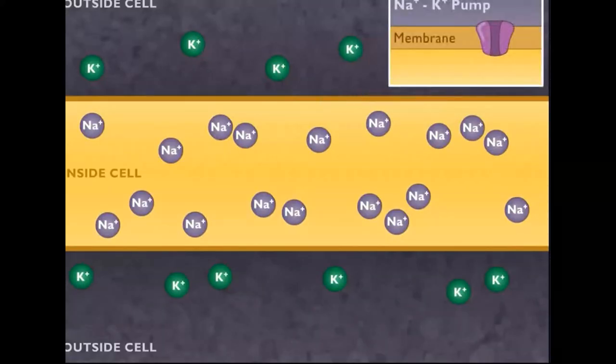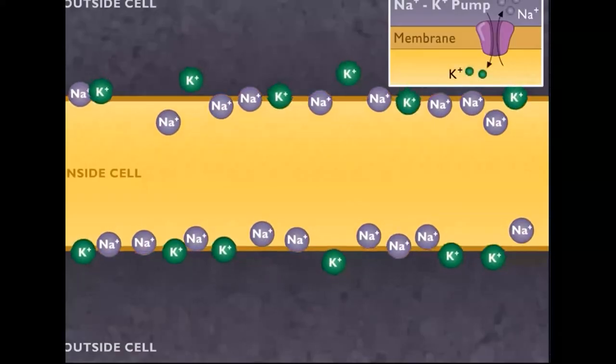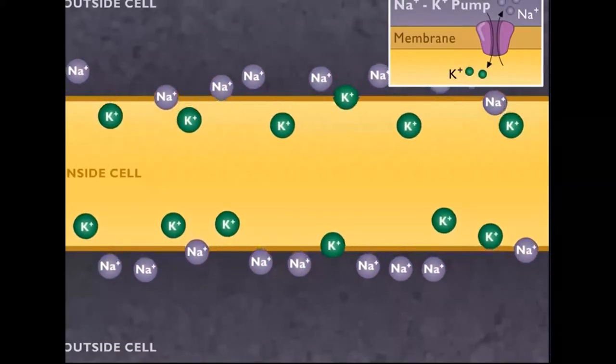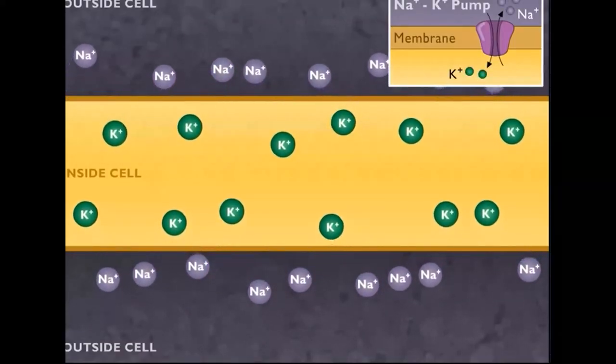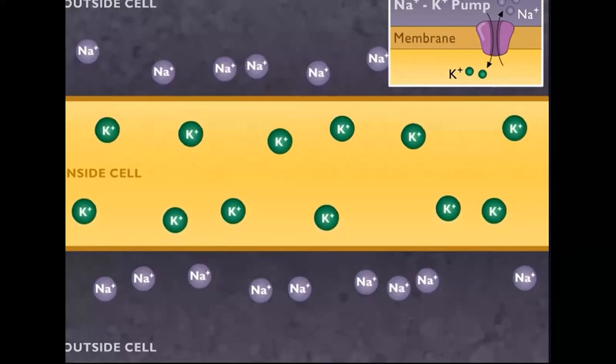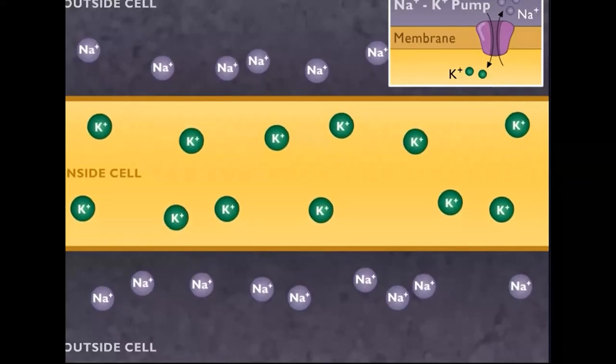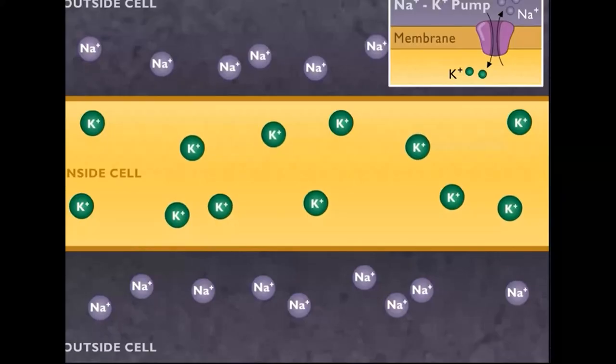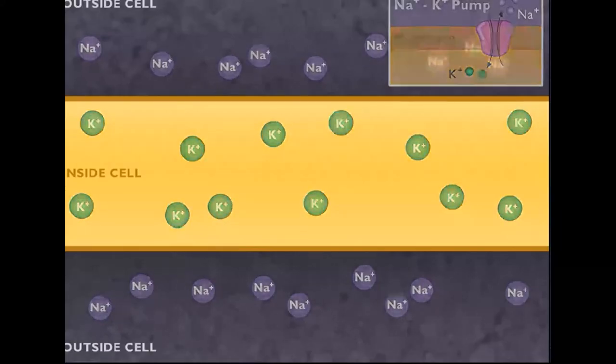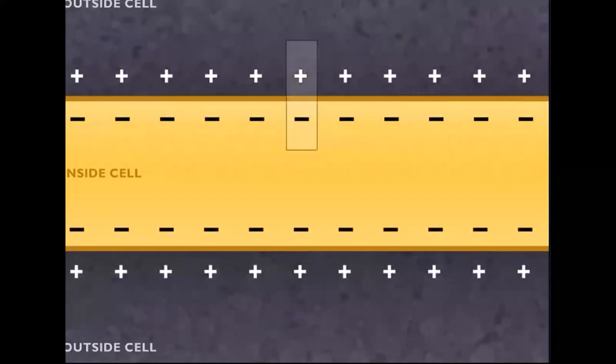The pumps send sodium ions out of the cell and bring potassium ions in. While other channels allow some flow of potassium ions back out of the cell, the sodium ions cannot easily get back in to replace the lost positive charges. The overall result is that the exterior of the cell has a net positive charge, and the interior has a net negative charge. The difference in charge between the interior and exterior of the cell is called the resting membrane potential.